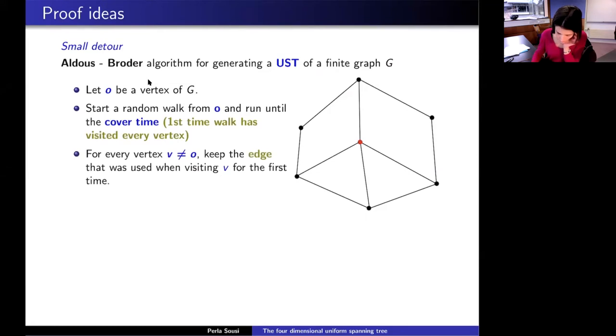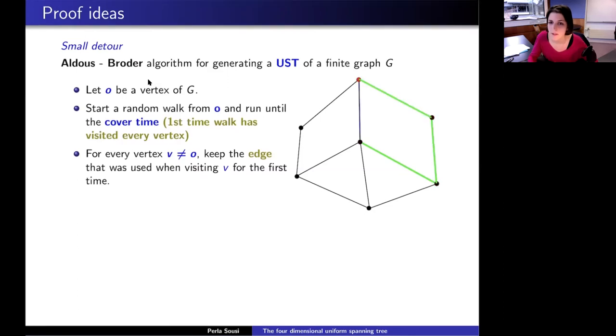For every vertex that we visit which is not the starting vertex O, we color the edge that was used when we visited this vertex for the first time green. So let me do it here. We start from the center, then we went down. It's the first time that we visited, so we paint it green.